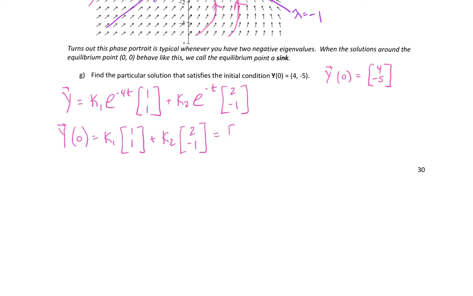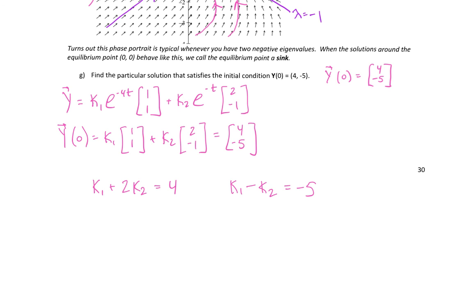And that's going to equal 4, negative 5. So translate this into two equations, the first component of each vector and the second component of each vector. So this says that k1 plus 2k2 equals 4, and k1 minus k2 equals negative 5.